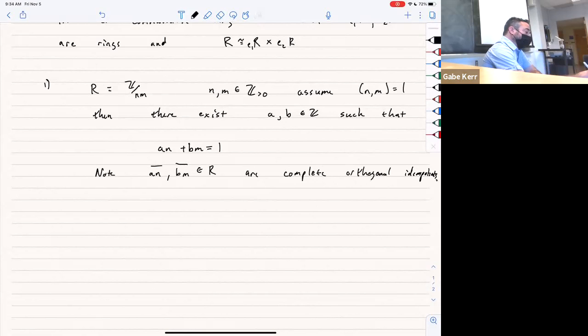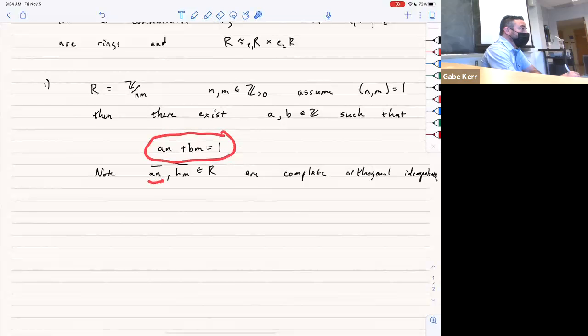If I take this equation and multiply the whole thing by AN, here I get AN squared, here I get AN, and here I get something divisible by N and M, so it's 0 in R. Make sense? That's just saying that it's an idempotent. The same thing applies with BM. So you get these two idempotents.